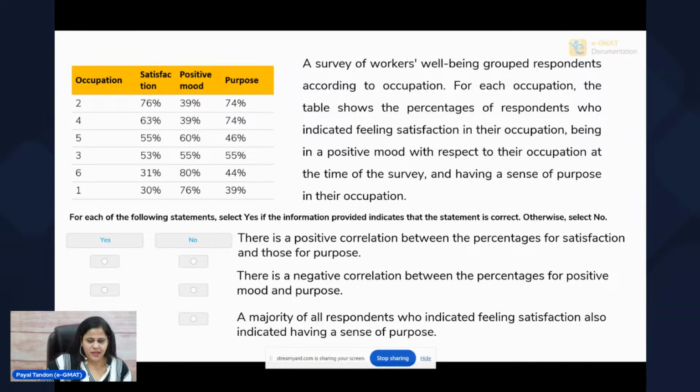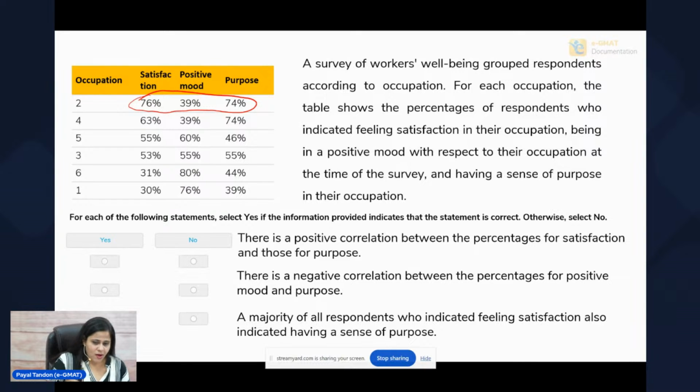So let me ask you some questions about this one. This is a fairly simple data set. Essentially, this survey has been done, and I'm going to ask you a question here. What do you make from the fact that these numbers don't add up to 100%? These numbers are more than 100%. What do you make from it? That's the inference that you need to be able to draw.